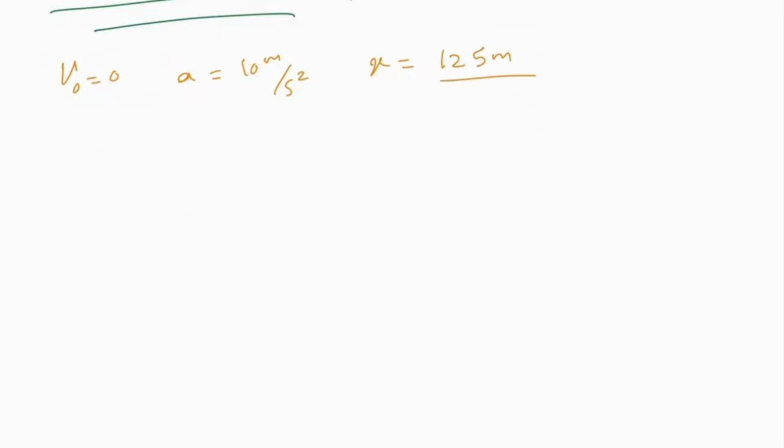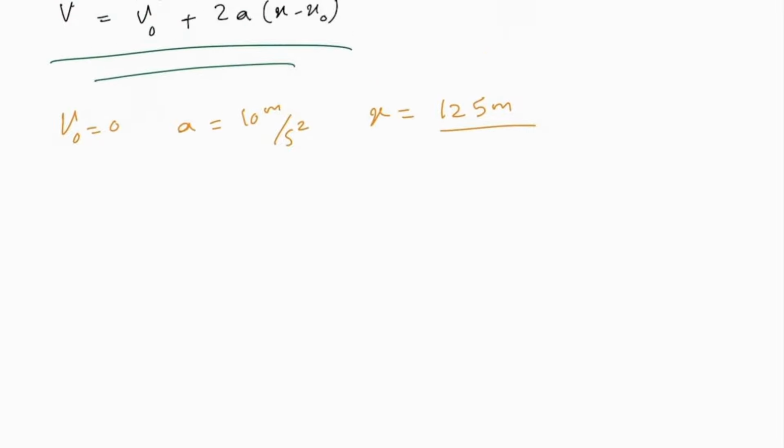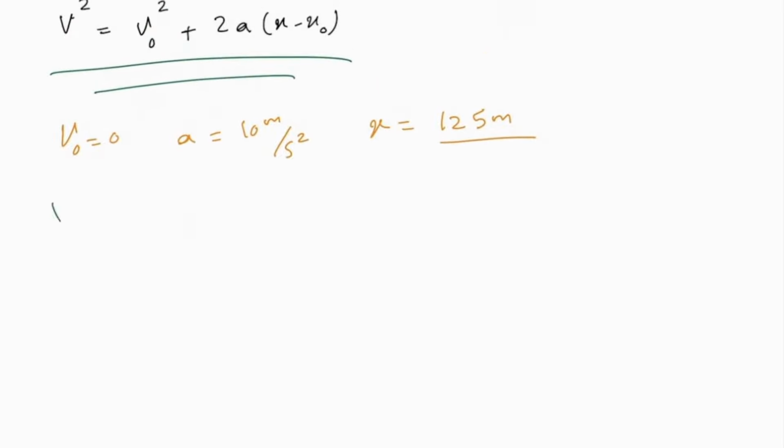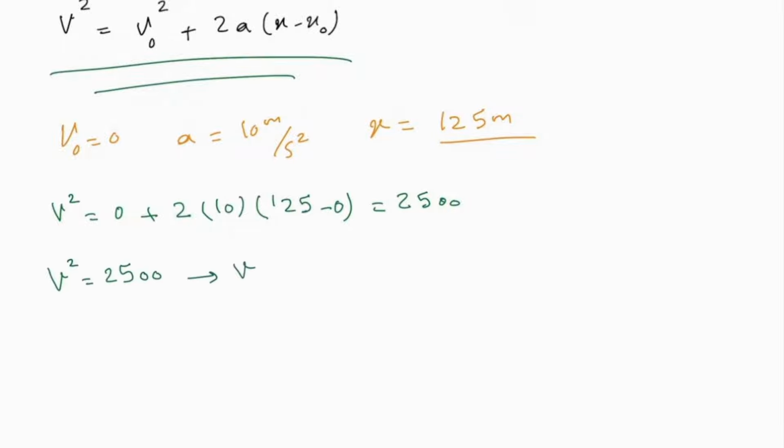Now I want to find the final velocity. So using this equation, v squared is equal to 0 plus 2 times 10 times final position minus initial position. And this will give me 2500. So v squared is 2500, which means v is 50 meters per second.